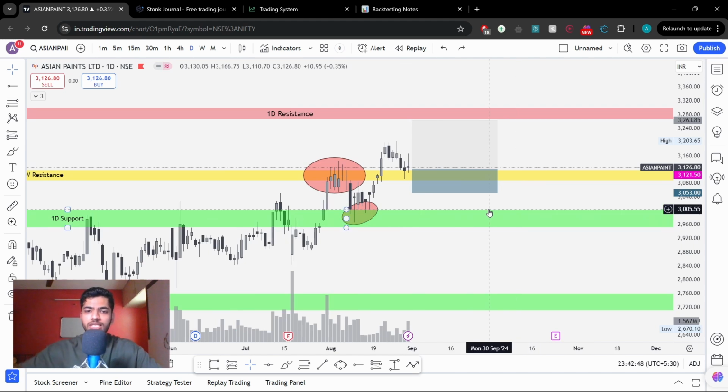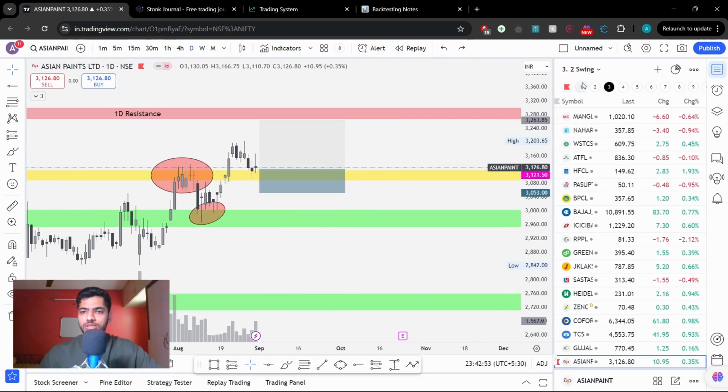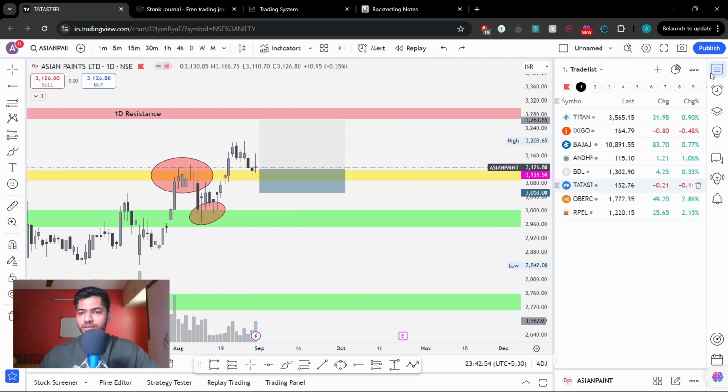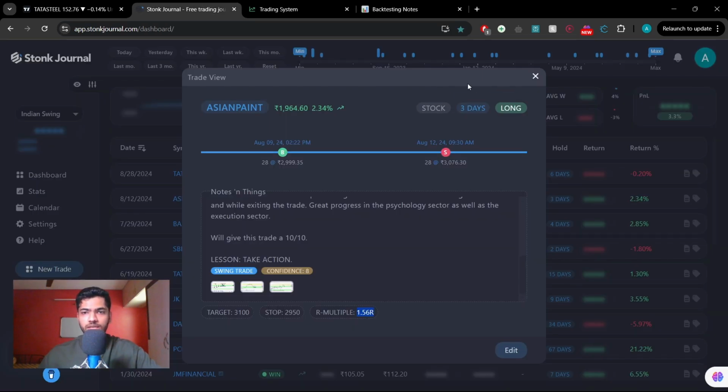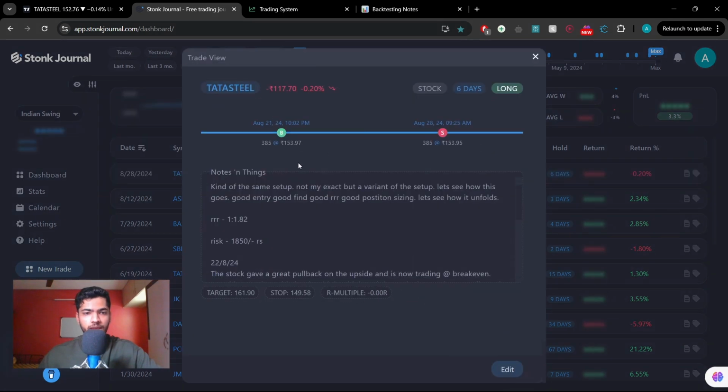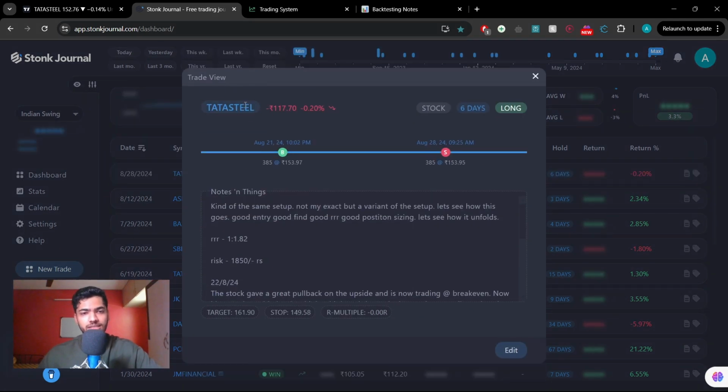So this was basically the trade which I took. I also took another trade which was kind of a break even. It was an advanced setup right here. I'll just take you to my journal, and it was in Tata Steel, and my entry was around 21st August at 154.